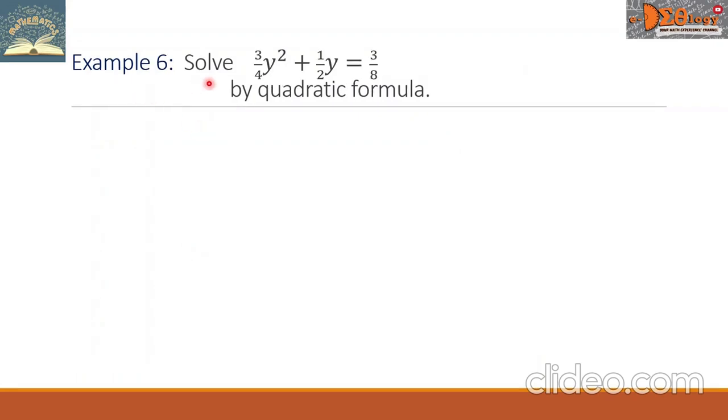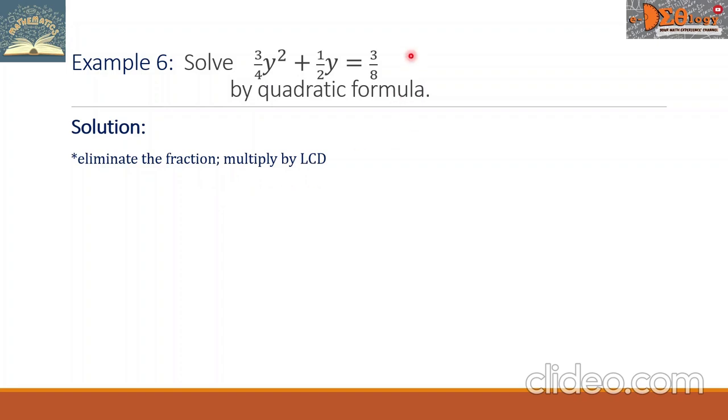Example 6. Solve 3/4 y² + 1/2 y = 3/8 by quadratic formula. We can see here that our problem involves fractions. Let us first eliminate the fractions.